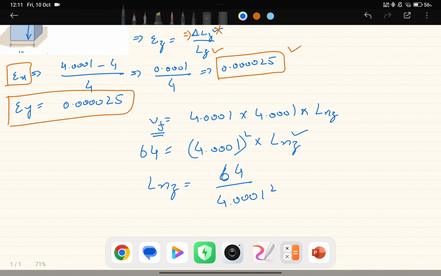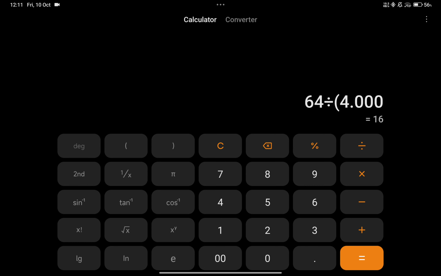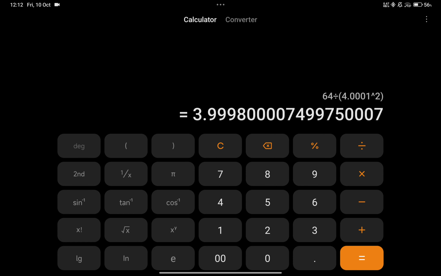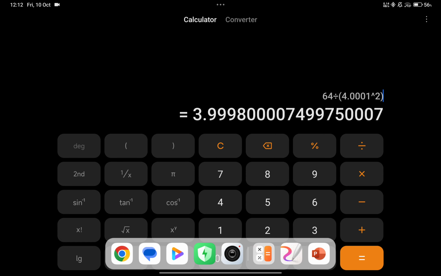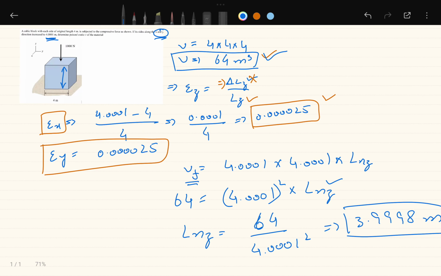Let me calculate this. You get 3.9998. So 3.9998 meters is the new length for the z-axis, because we said this axis will compress.